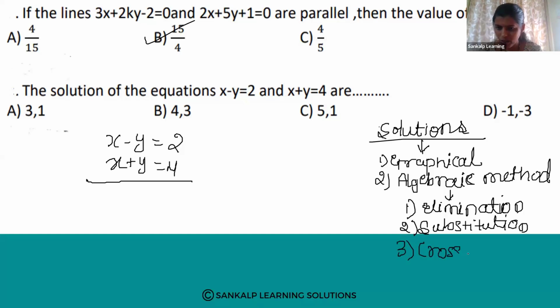First we do the graphical method, that is, by plotting the graph we can find out the solution. Other method is algebraic method, in which 3 methods are there: first elimination, second substitution and third cross multiplication.